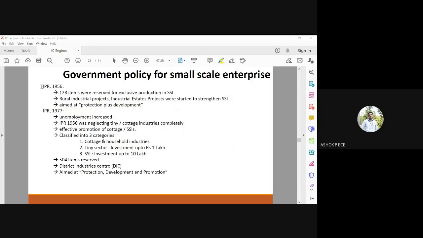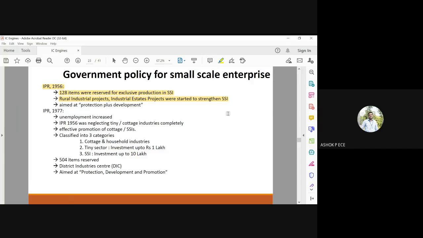In 1956, the law was amended and 128 items were reserved for exclusive production in small scale industry. So around 120 items were listed and exclusively reserved; they can be produced only by small scale industries. Many rural industrial projects and industrial estate projects were started to strengthen SSI. When you want companies to come into your state and invest, you should give all the facilities to them, right?